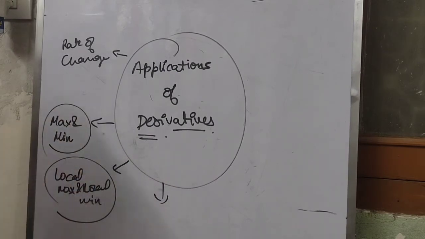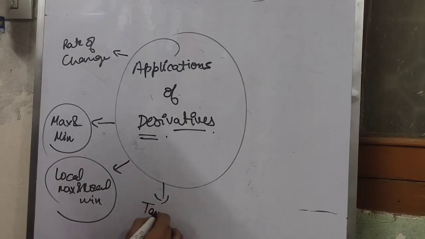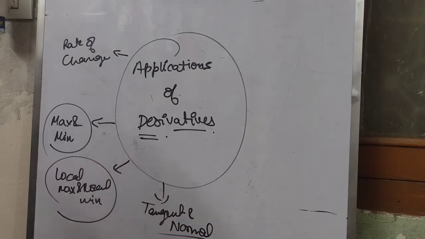The derivative test plays a very important role in getting the values of local maxima and local minima. There is another topic that we are going to do: tangents and normals. The very important topics are maxima, minima and local maxima, minima, because they are mostly asked in exams.